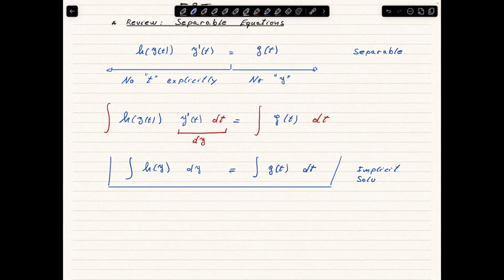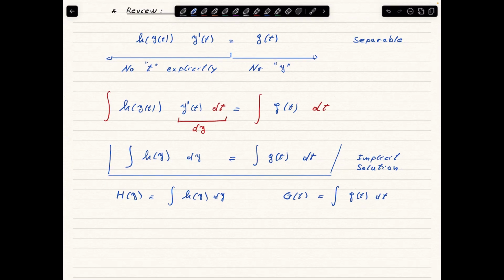This is the implicit solution formula. We like to write it down in terms of the antiderivatives. Big H of y, we denote that to be the integral of small h dy, and big G of t is the antiderivative of small g of t.